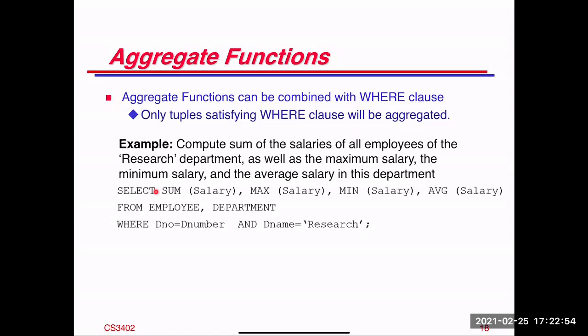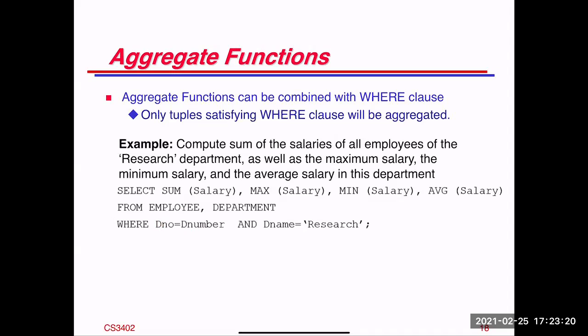Well, this is almost the same select statement that we just saw on the previous slide, right? I'm selecting this, but I can't just select from my employee table because, as we said here, we're looking at the research department. So we want to restrict that. So I need to select from two tables, employee and department, under the condition that, what does this condition here do?